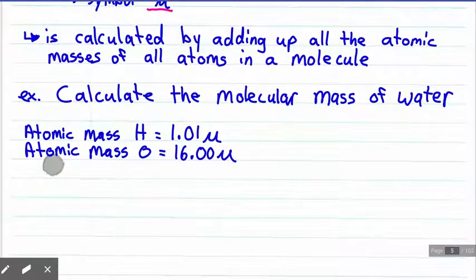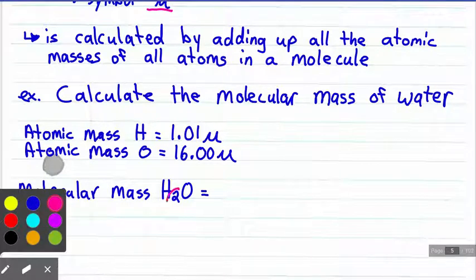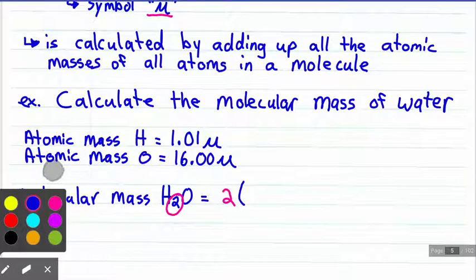All right. So because we're going to do this in proper format, I'm going to write out what I'm looking for. I'm going to write molecular mass of H2O equals. Now, it is going to be the sum of all the atoms in the molecule. Because our water has 2 hydrogens, we have to multiply the atomic mass of hydrogen times 2.